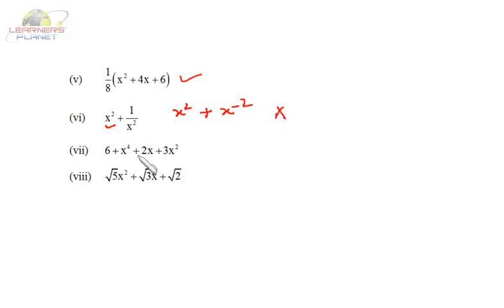In this case, all the x's have positive powers, so it's a polynomial. In this case, it's x square x. The coefficients are not integers, but variables carry integral powers, so it's a polynomial. So I hope you are clear about the basics of polynomials.